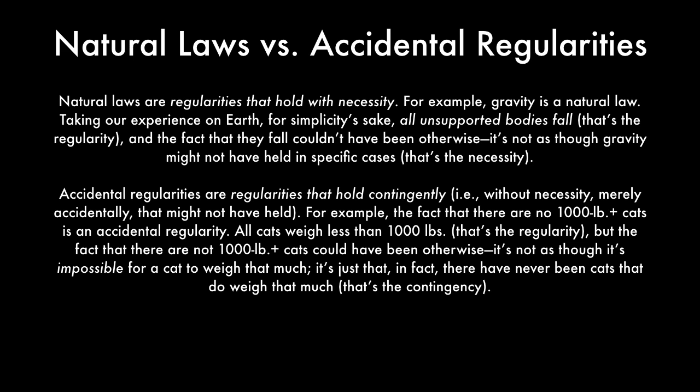All cats weigh less than 1,000 pounds, that's the regularity, but the fact that there are not 1,000-pound plus cats could have been otherwise. It's not as though it's impossible for a cat to weigh that much, it's just that in fact there have never been cats that do weigh that much.